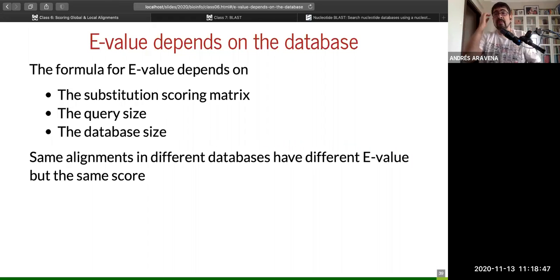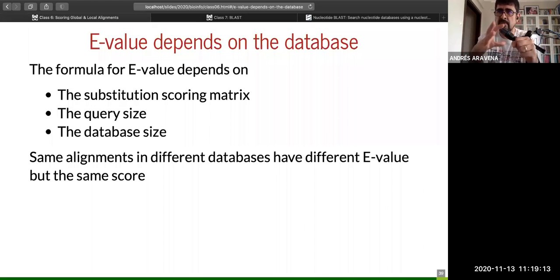And the problem is that the same alignment, if you choose in a different database, will have different e-values. For example, remember we have GenBank and RefSeq, and RefSeq is smaller than GenBank. Let's say your query matches a sequence that is in GenBank and in RefSeq at the same time.